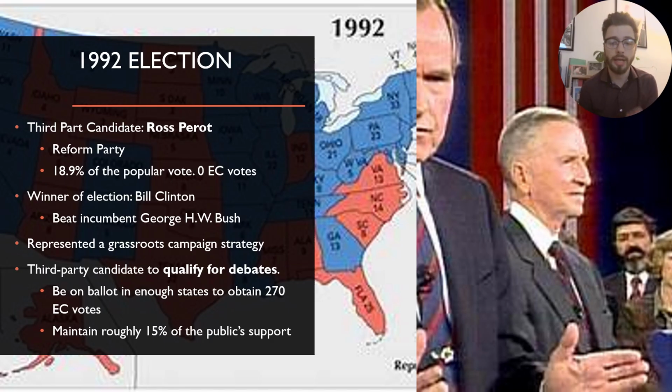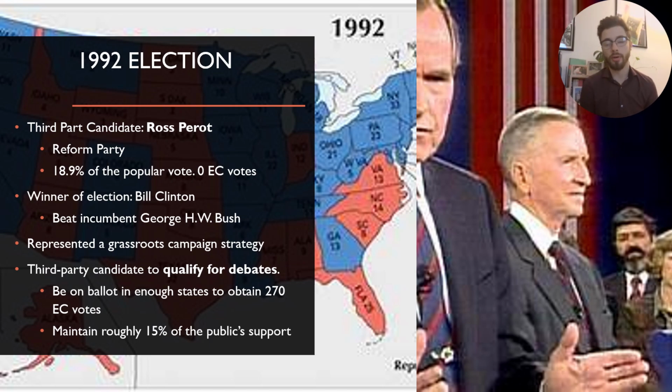Now, if you want to be on the stage for a debate, you have to have the possibility of obtaining 270 electoral college votes. You also have to maintain roughly 15% of the public support via a collection of public opinion polls. This requires multiple public opinion polls, as they aren't official vote counts, but they do provide a general summary of the polling data you have at the time, which enables the debate committees to determine if they will enable a third-party candidate to contribute to a debate.